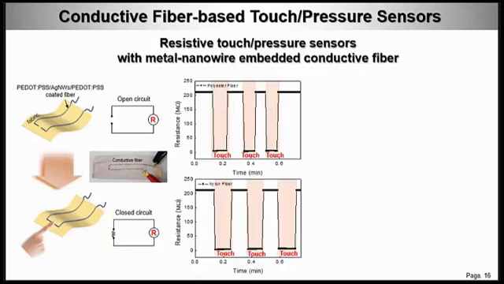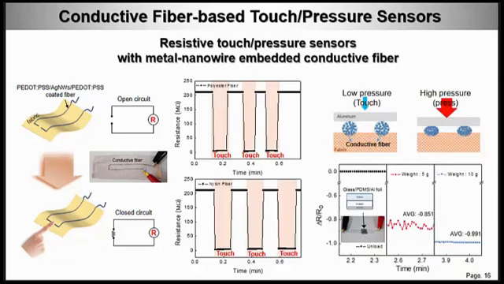But when the conductive surface is touched at this disconnected point, electrical contact is made and it has a resistance which can be measured. And this sensor can detect pressure differences by the difference in levels of resistance due to the percolation behavior of the multifilament fiber, as shown in these images.